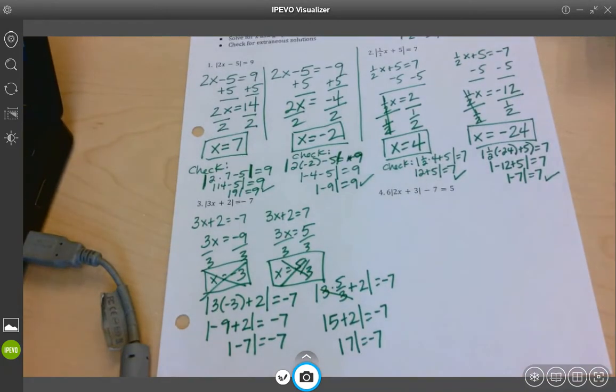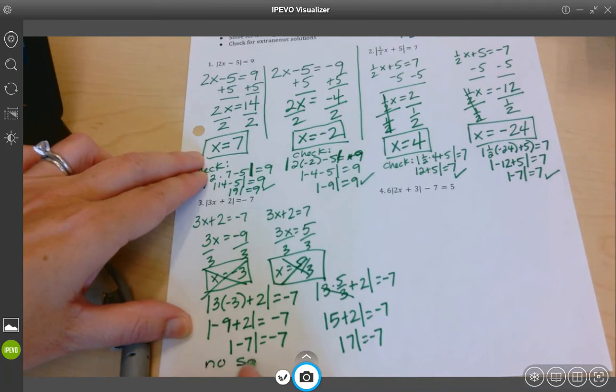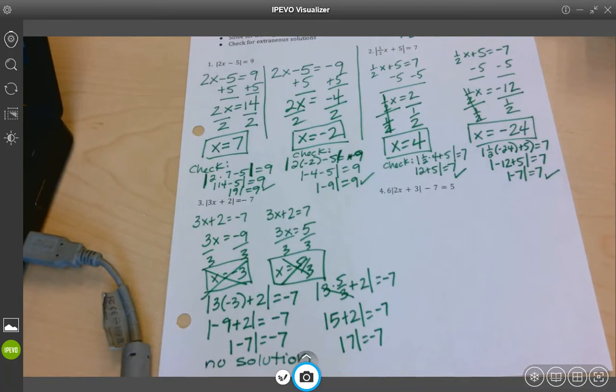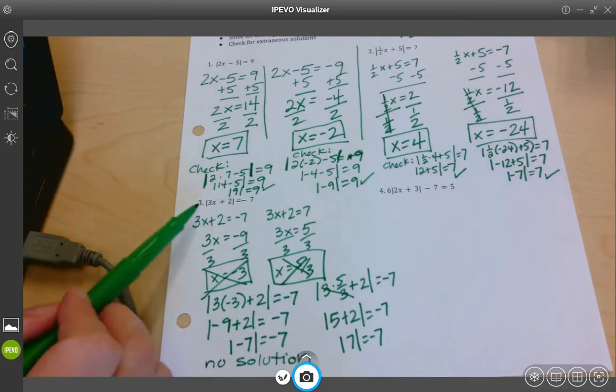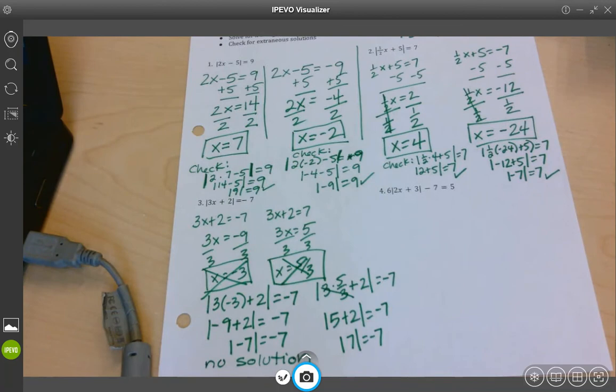All right, so just to review what we just did, we found that these solutions didn't work, and so we're going to write no solution for this problem. And then Dion let us know that anytime the absolute value is isolated and it equals a negative number, that will be no solutions, because you can't have an absolute value equaling a negative number.